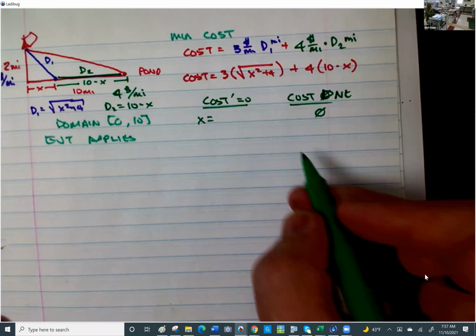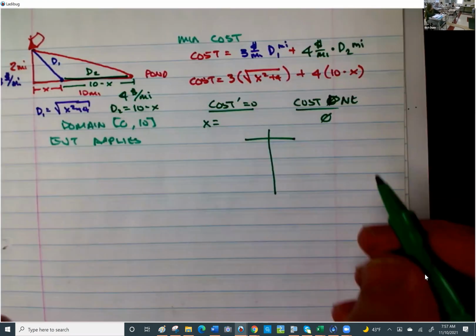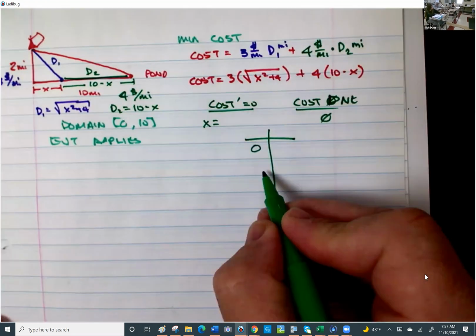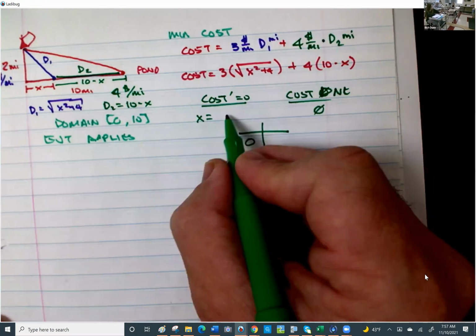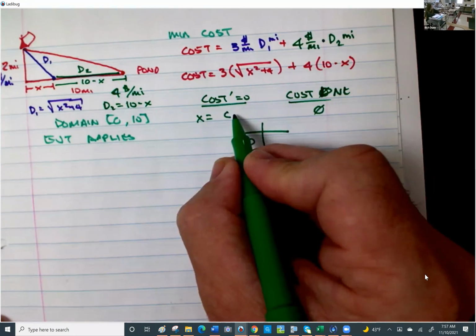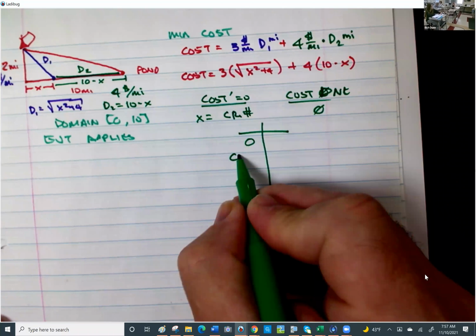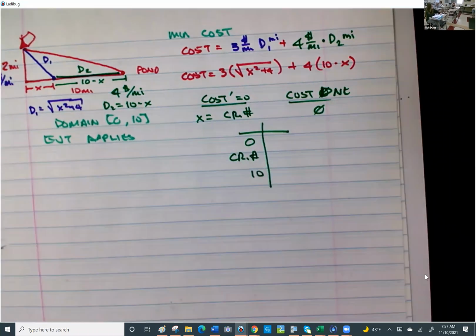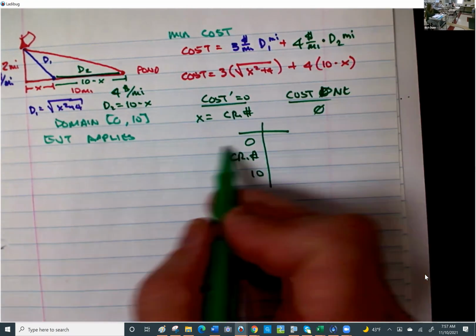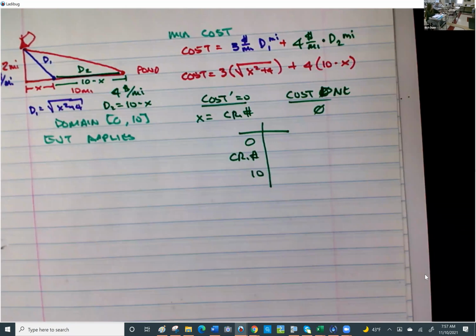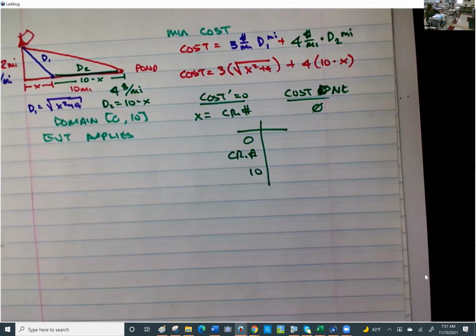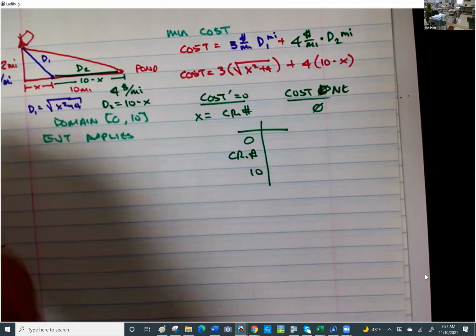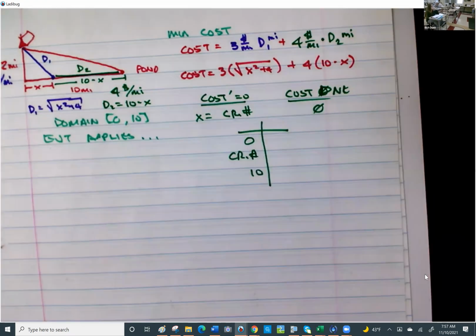We would do our table with 0, whatever critical number this is, and 10, and then we would choose the one that was the smallest, and it would be this guy right here, based upon what we have. Okay, so again, putting this in our calculator is going to look exactly like the other. It's the setup that I wanted to look at on this one.